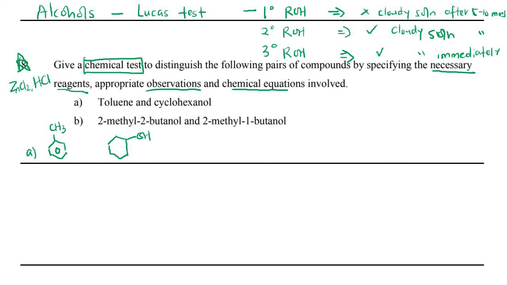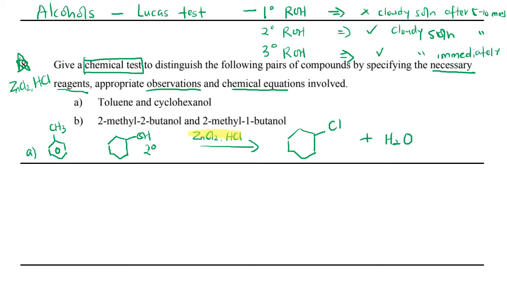So let's say the alcohol will react with the Lucas test. So this is a secondary alcohol, so we can see the changes. If secondary alcohol reacts with zinc chloride in HCl, the OH will be replaced by the Cl and will produce H2O.